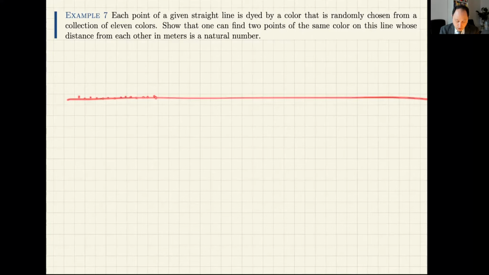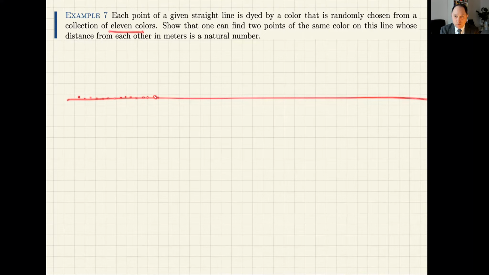I randomly color each point in one color chosen from a collection of 11 colors. And the point is that it doesn't matter how this is done, I can make sure that there are at least 2 points with the same color whose distance from each other is a natural number in meters, of course.